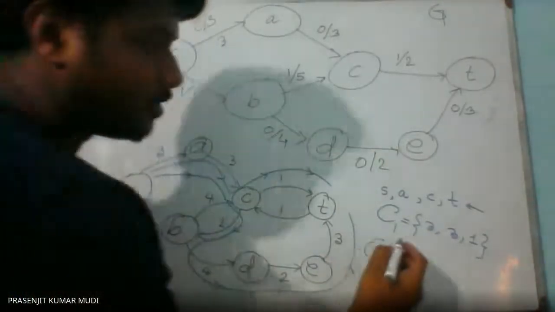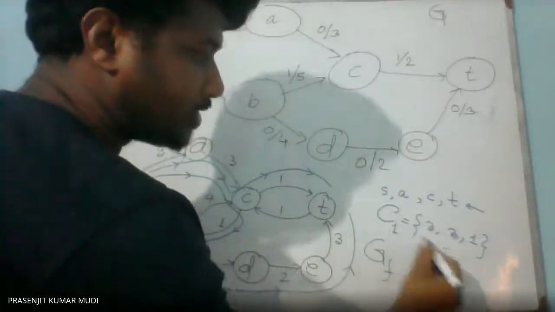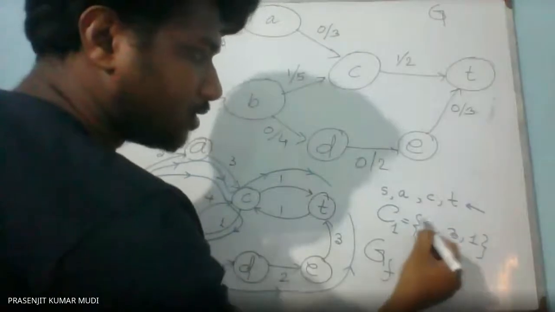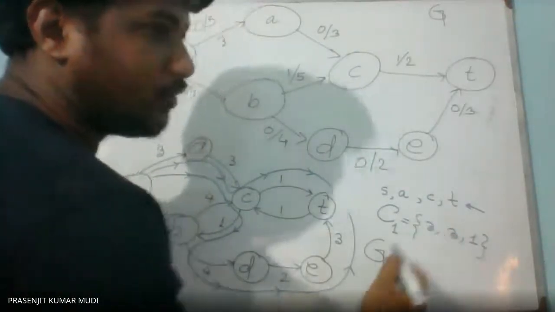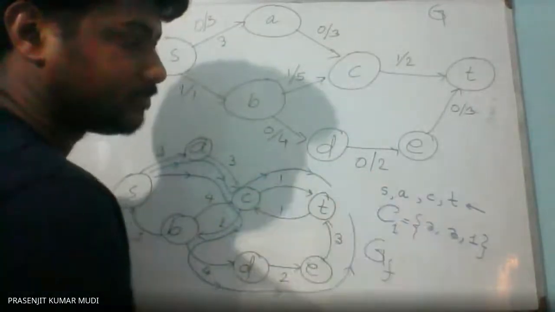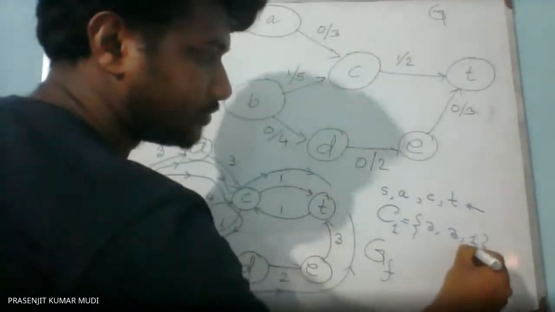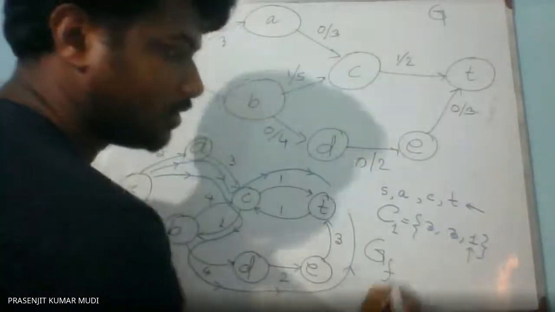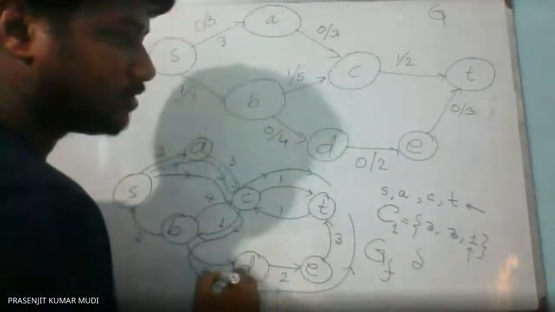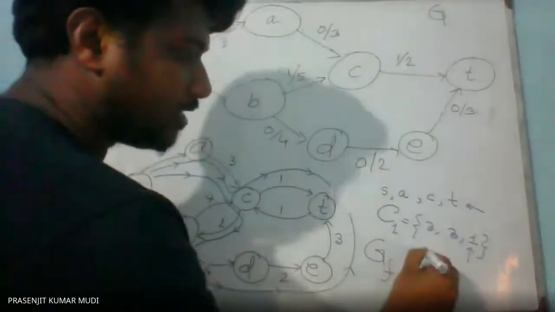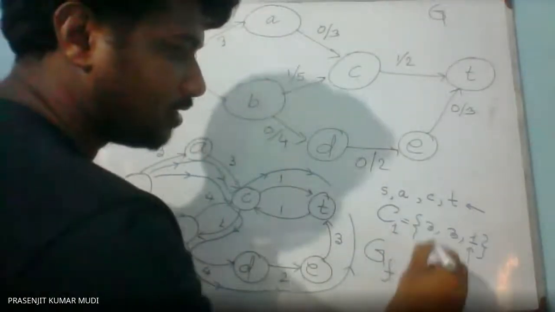Out of which you have to obtain the minimum capacity of an edge along that path, which is 1. The minimum capacity along that path is denoted by the notation delta.